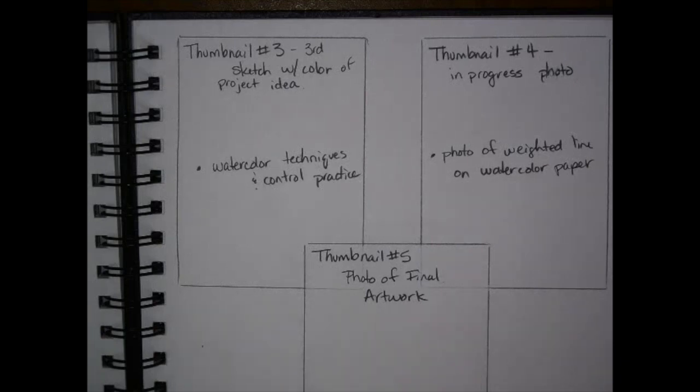Thumbnail number 5 is simply a photo of your final artwork. Regardless of whether it is a future project or the present project, thumbnail number 5 is a photo of your final artwork, and you should have one of those photos already.